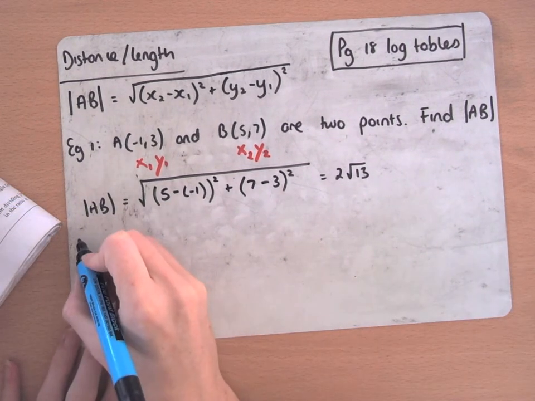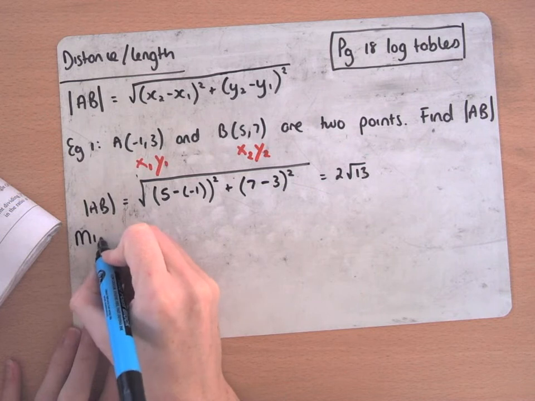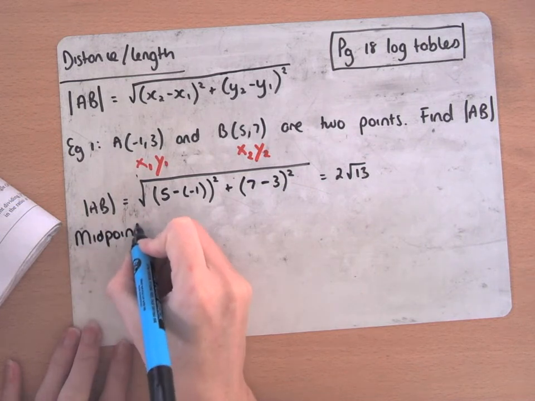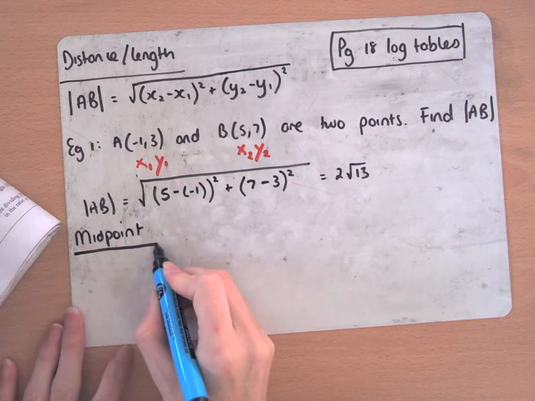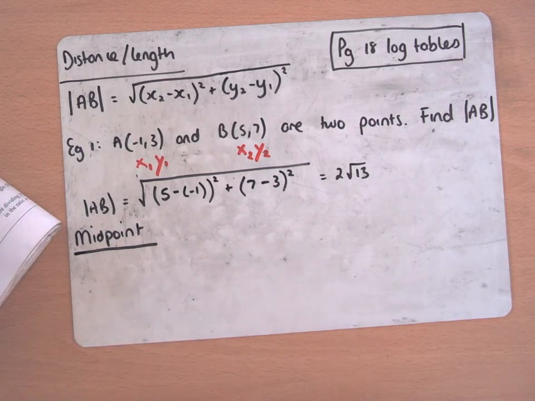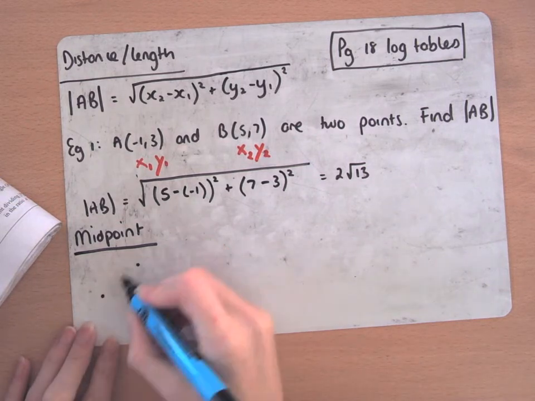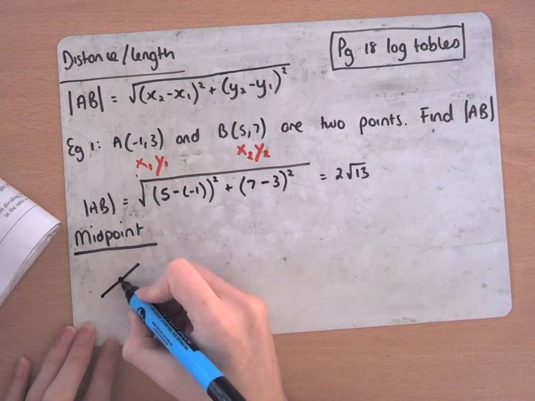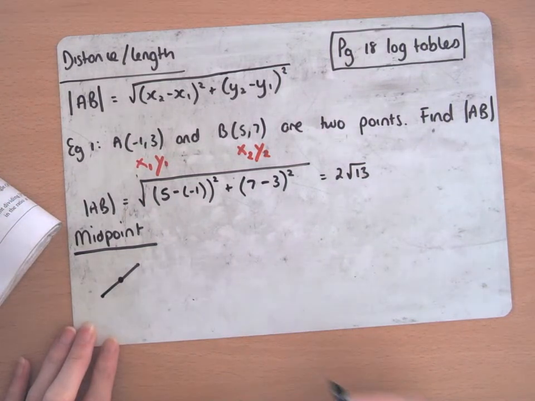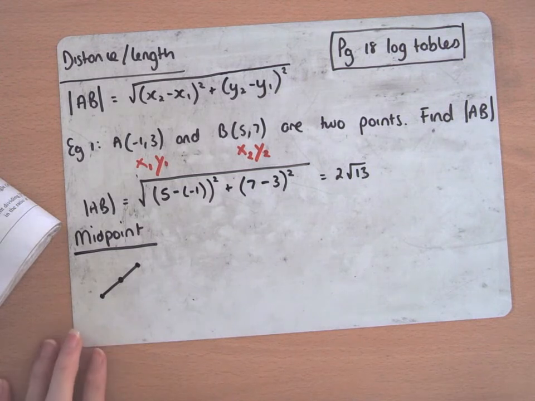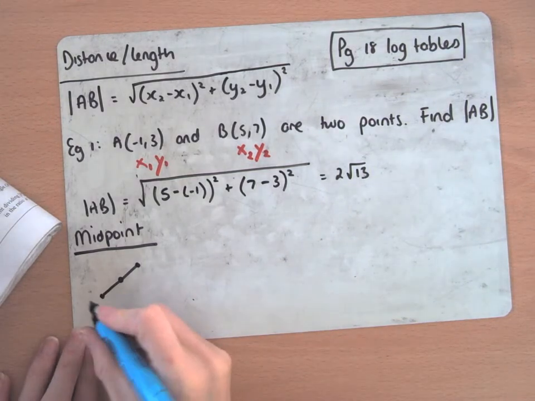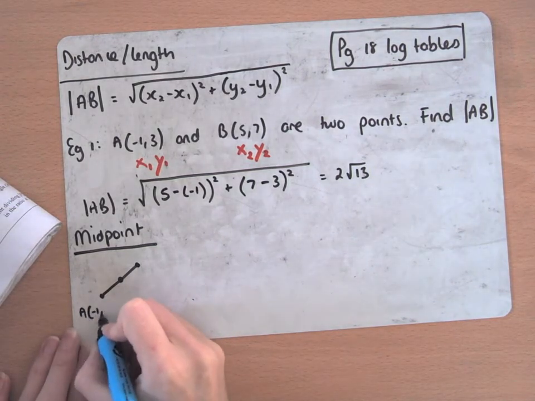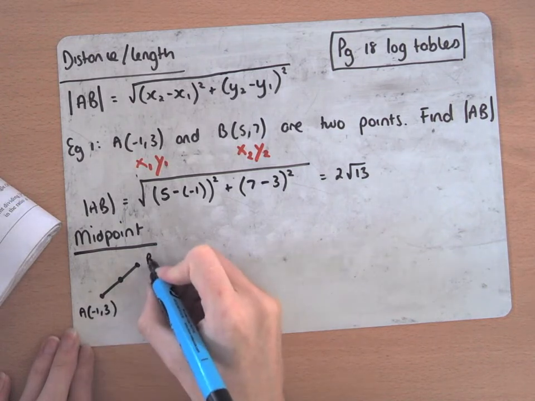What do you think the midpoint is of 2 points? The middle, yeah. So for example, if this is my line, the midpoint's going to be somewhere in there. Let's use the same points.